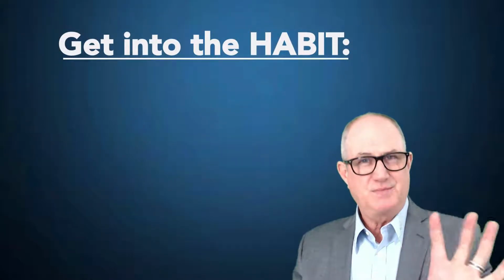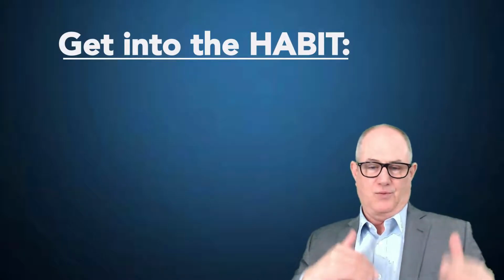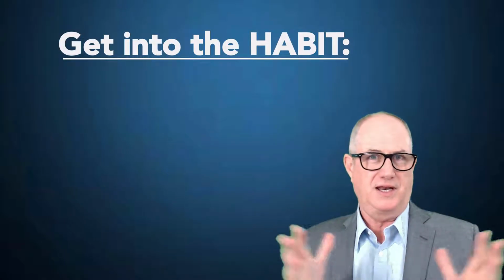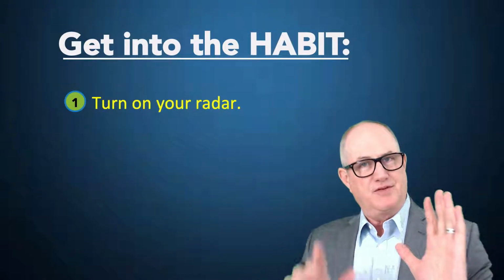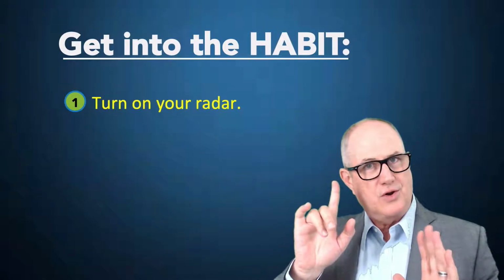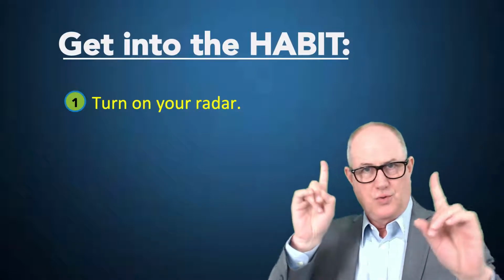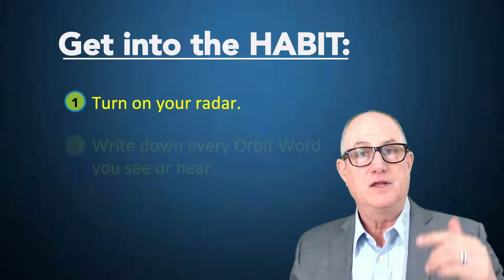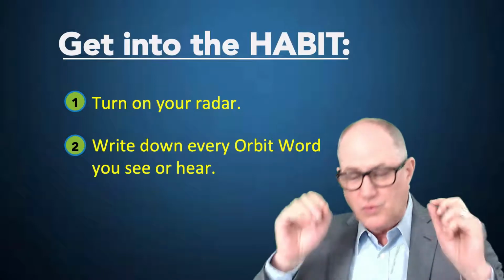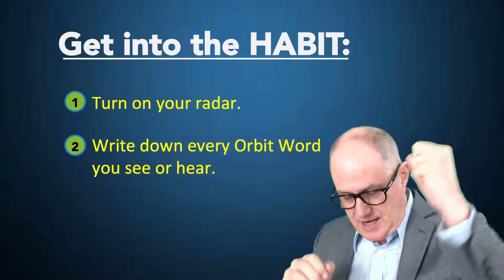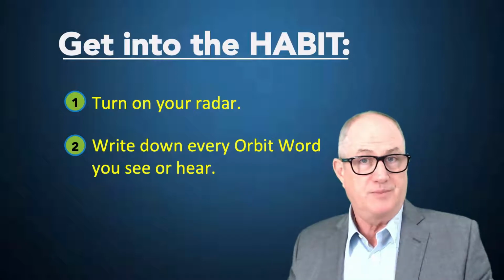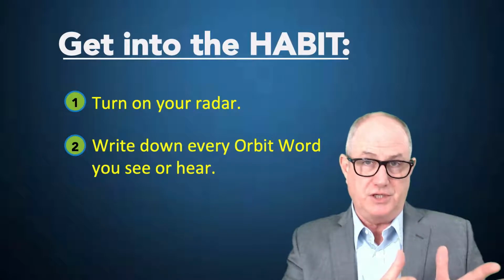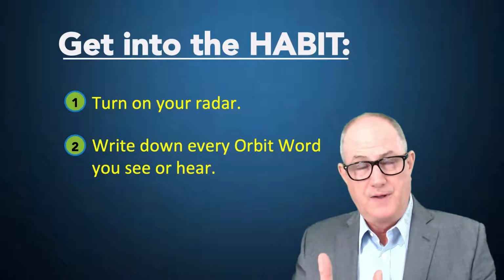That's basically it. What we're talking about is this 3 to 5 minute habit. I want you to get into the habit. The habit begins by turning on your radar and spotting those orbit words. Then you write them down, grab them out of the sky and put them on paper, and then take the step of entering them into the Excel sheet or the word table.